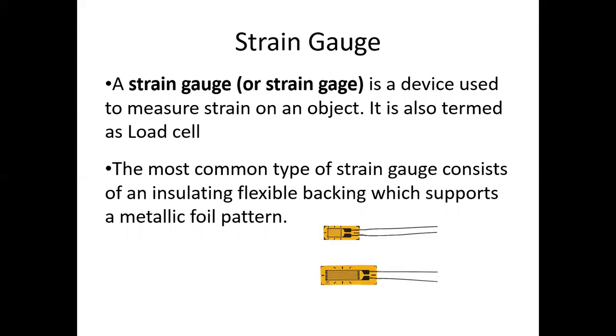The most common type of strain gauge consists of an insulating flexible backing which supports the metallic foil pattern.